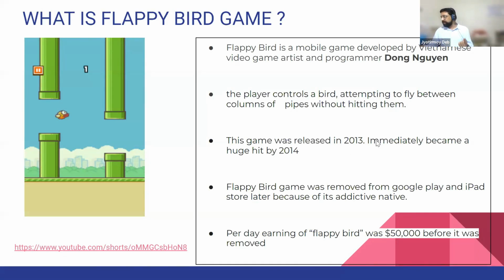The game was released in 2013, and within a year it became a huge hit. Then the Flappy Bird game was removed from Google Play and the App Store because he was making so much money that he felt guilty. He said he was making $50,000 per day, which is almost 40 lakh rupees per day from Google Play and the App Store.